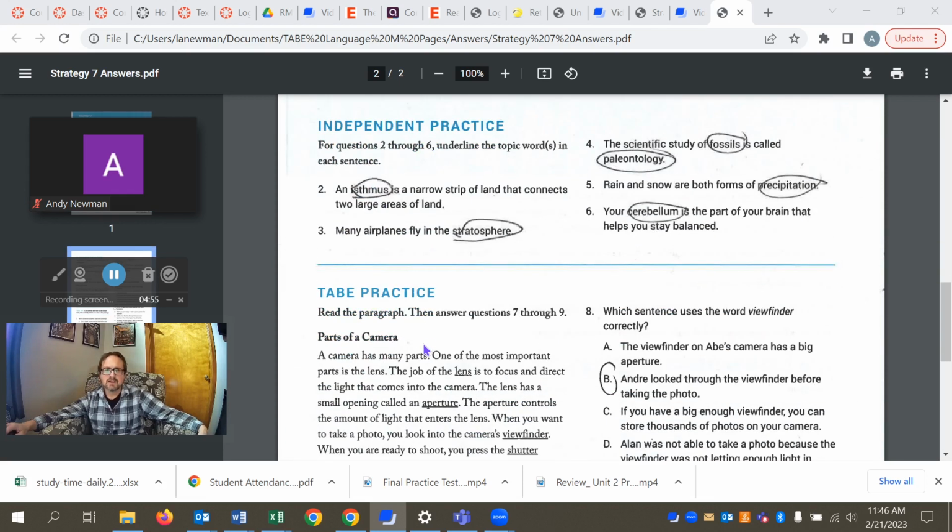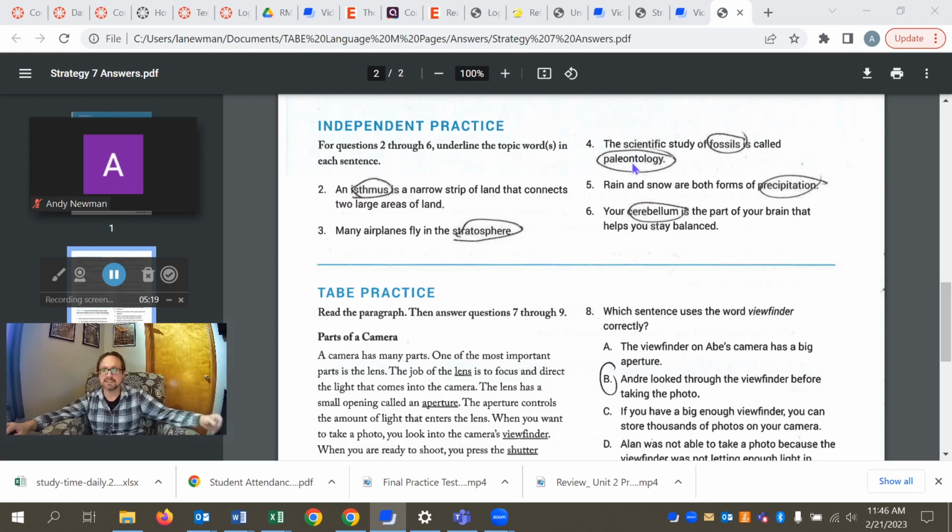Okay, here we're just underlining the words that are topic words. So for two, isthmus, and we have it defined here, so we don't have to wonder what it is, but it's a term that would go along with geography. In three, stratosphere, maybe in climate science. Four, both fossils and paleontology.